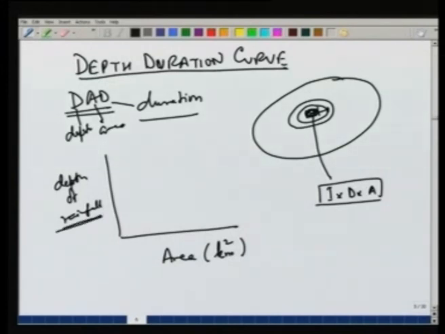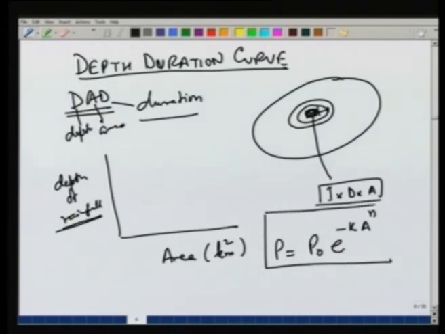Now, if we take a particular duration of rainfall, we can get an equation where P naught is the depth at center of the storm. K and N are some coefficients and A is the area.